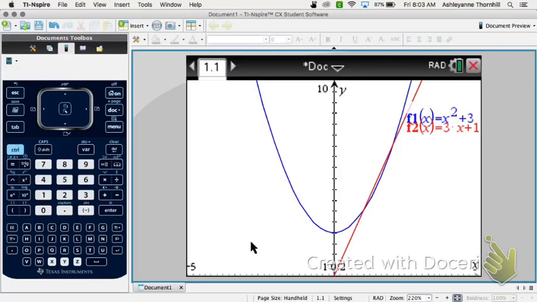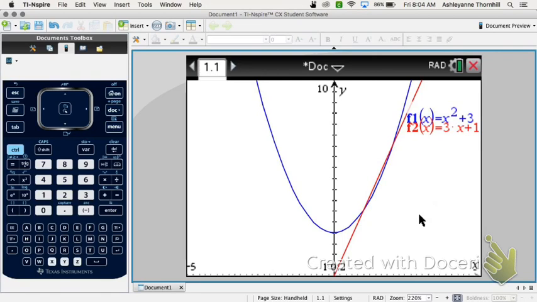I want you to know how to do it algebraically, but this is what it looks like graphically. Here's my line, this is the 3x plus 1, and then this is my parabola. We want to find where they intersect. Maybe I should zoom a little bit more.